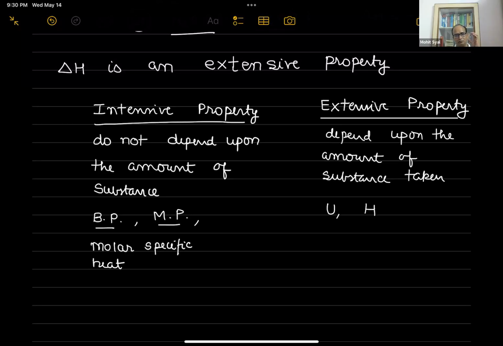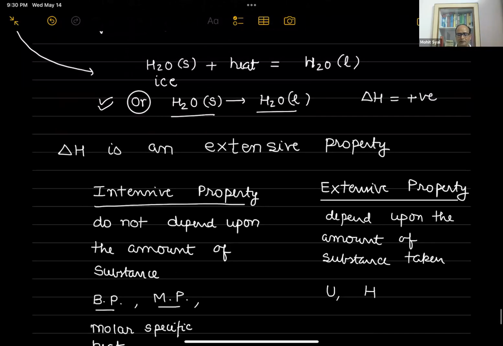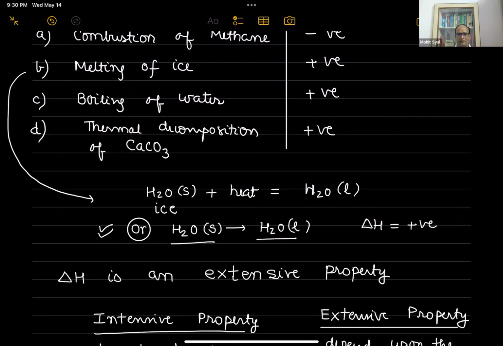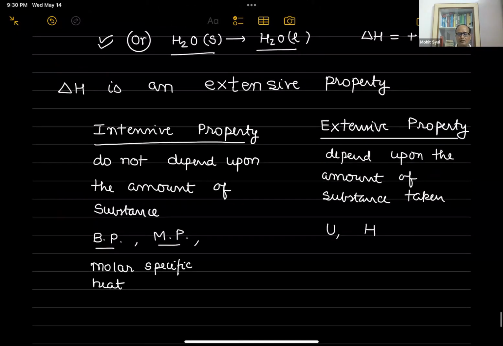If I took a small amount of gas, 1 mole of gas, the total internal energy is going to be less. If I take 100 moles, that will have different internal energy. Heat of reaction depends upon the amount of substance. Is it clear?